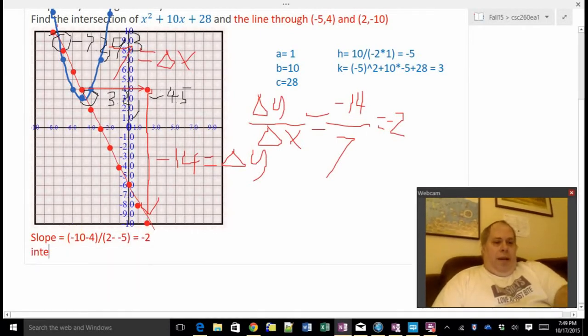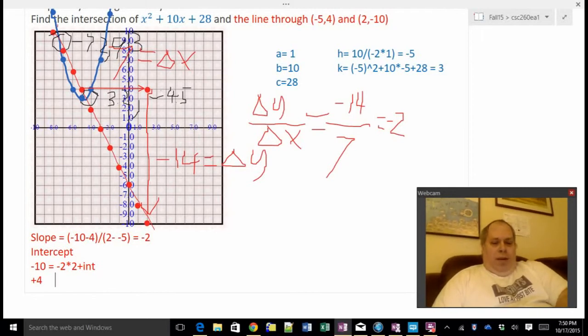And the intercept is going to be: negative 10 equals negative 2 times 2 plus intercept. Y equals slope times x plus intercept, which is going to give us, okay, we add 4 to both sides, because negative 2 times 2 is negative 4.